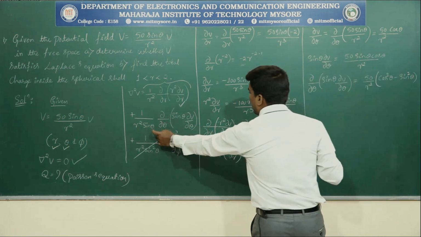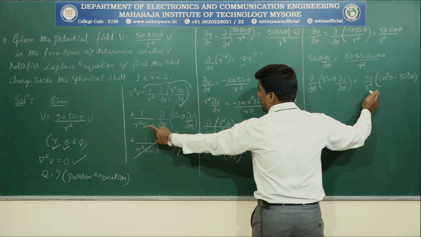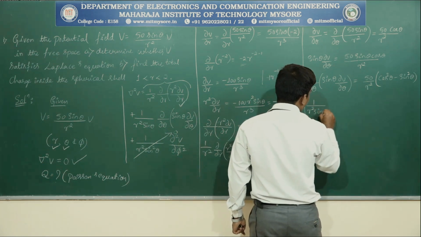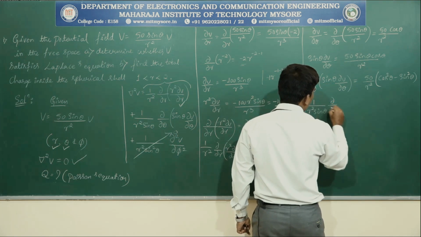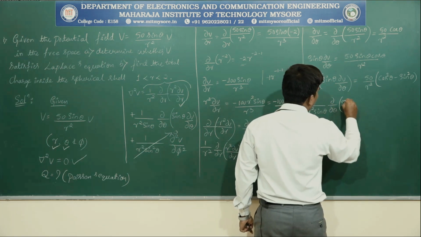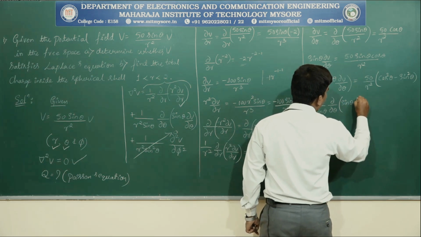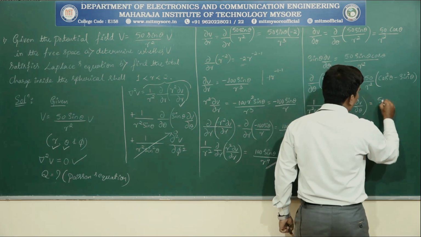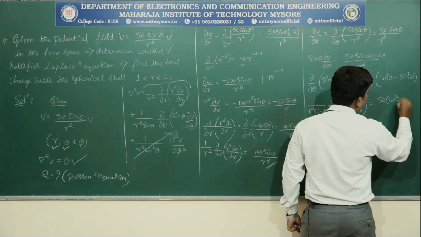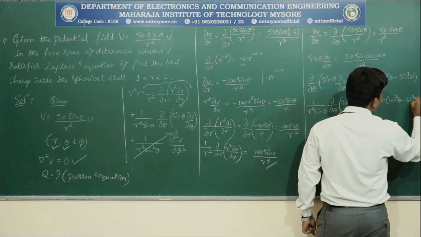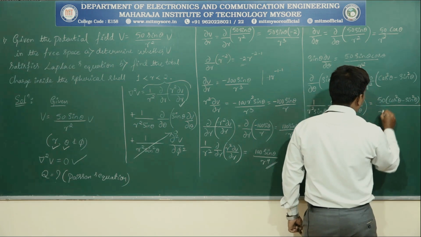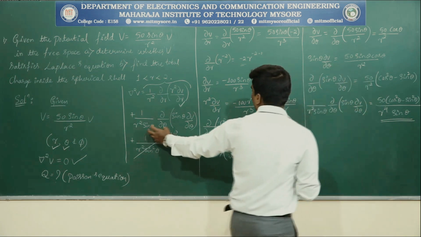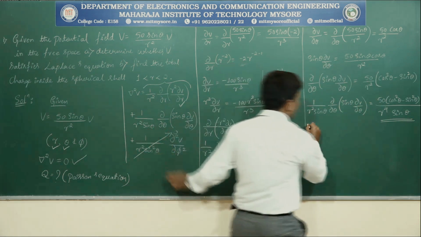What is the next step? We need to multiply this quantity by 1 by r square sin theta. 1 by r square sin theta into ∂/∂theta of sin theta ∂V/∂theta is equal to 50 times cos square theta minus sin square theta whole divided by r power 4 sin theta. This is the entire quantity.